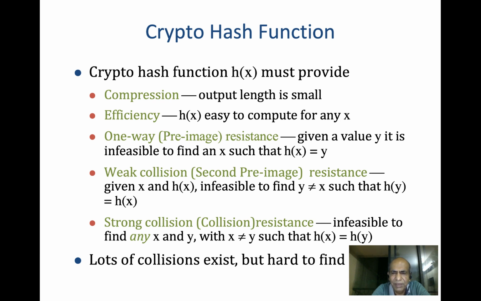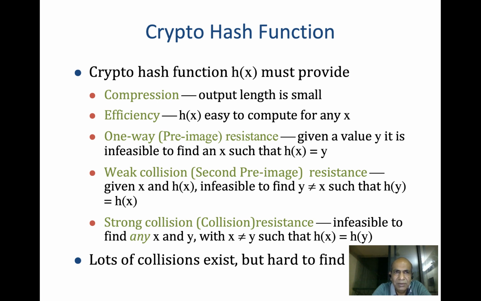Given a hash value y, can Trudy find out the original text x? This property says that if somebody receives a hash value, then it is infeasible for that person to get the plain text x.